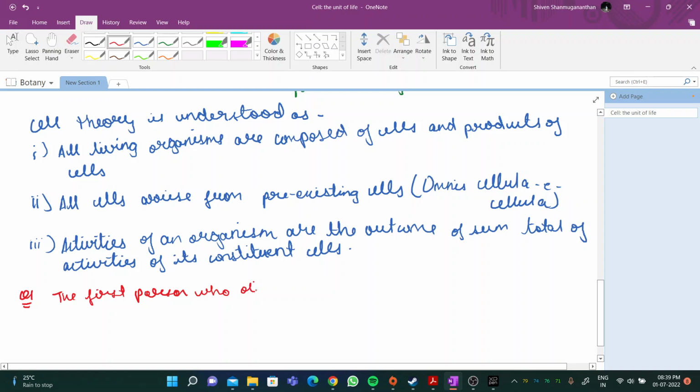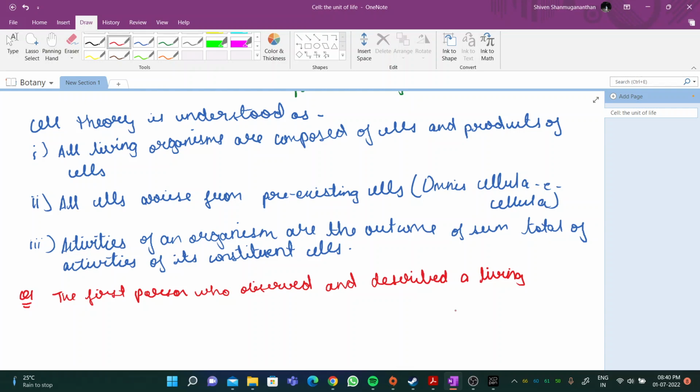Who observed and described a living cell. Now, this lecture was actually really simple. We only did basic theory of cell of this chapter. Next chapter, we will be moving on to an overview of a cell, which will be followed up by the cell envelope and its modifications. Now, we'll first finish these questions.